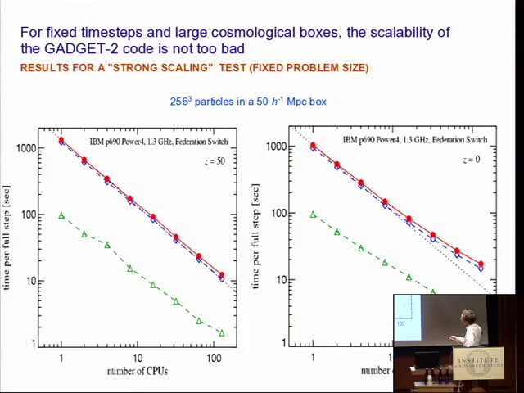This is a strong scaling test on different architectures, 256 cube particles. And then you see that the time for a full time step is sort of dropping if you put more processors, but it's dropping eventually. Here for the strongly clustered case, this is redshift 0. This is at high redshift. In the initial condition, it looks better because the particle load is reasonably homogeneous.